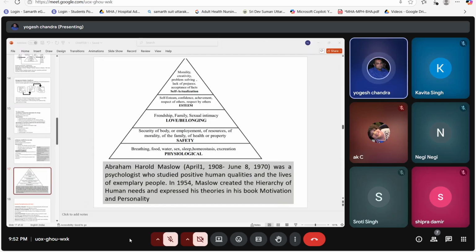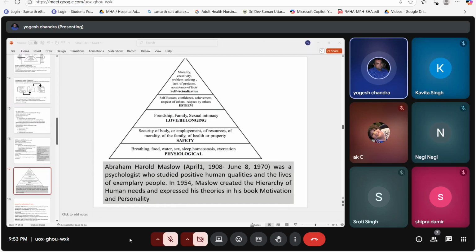And you know that after the critics, there are various other models which try to explain this criticism. There are a few other models which you can read yourself. One is the Clayton Alderfer model, that is the ERG theory, that is the existence, relatedness and growth theory. One is the CET theory, that is the cognitive evaluation theory.